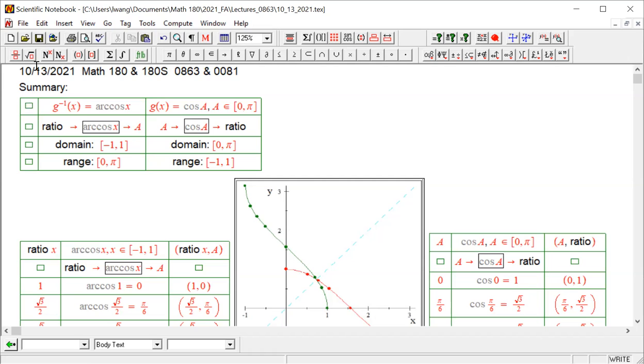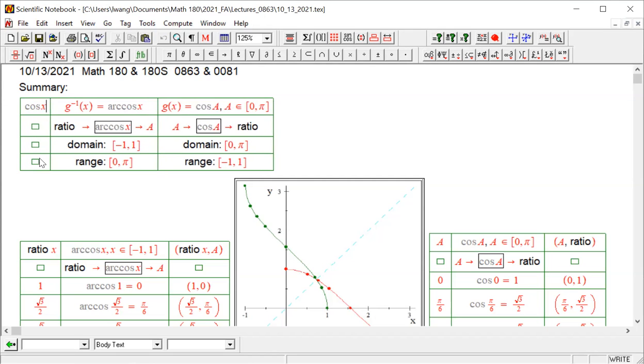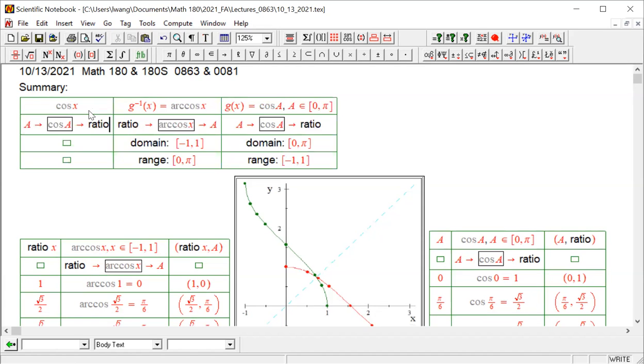However, the cosine function we talk about, which takes any angle to produce a cosine ratio, has domain all real numbers, from negative infinity to positive infinity.